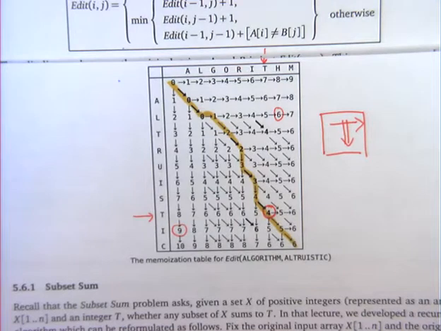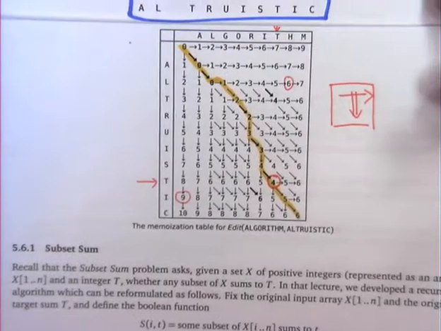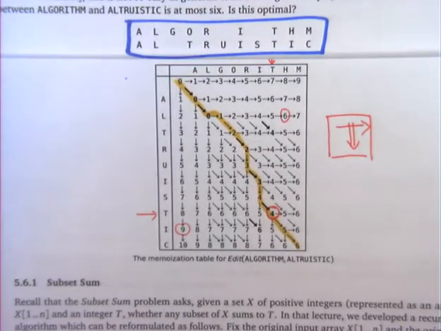And now I can read off: you should do replace, replace, delete, replace, replace, insert, replace, insert, replace, replace, replace. Okay. In fact, yes, this is exactly the same as what I did here. That path through the table describes that sequence of editing operations.